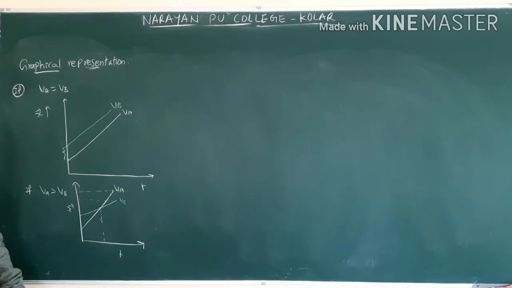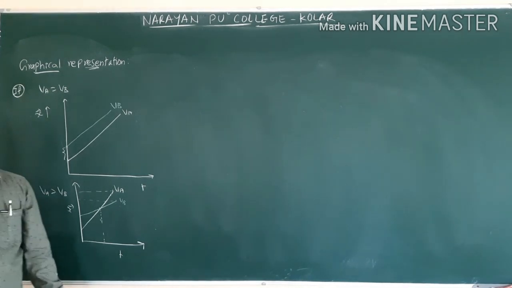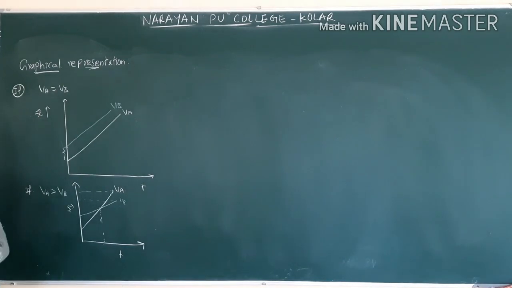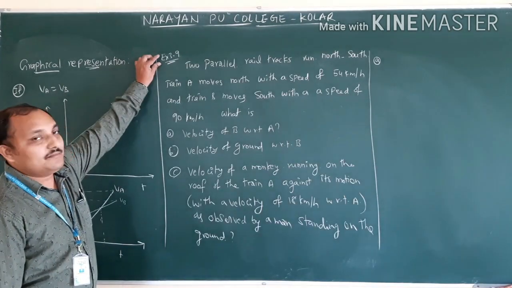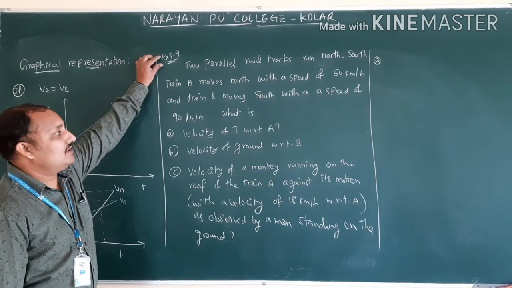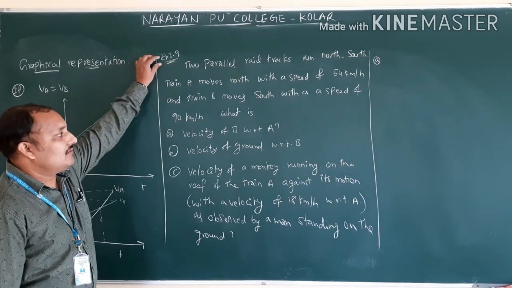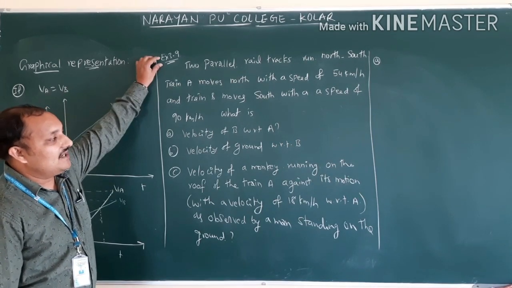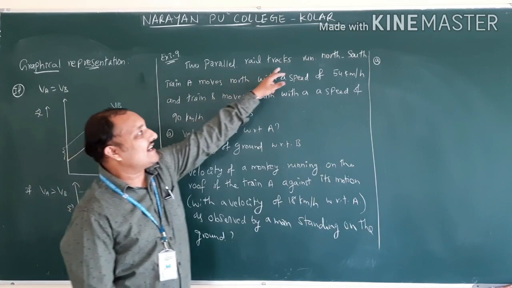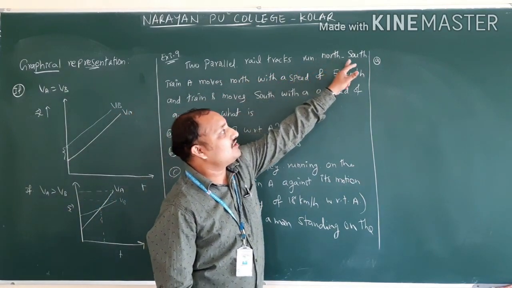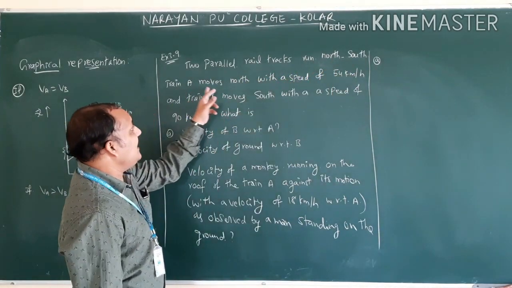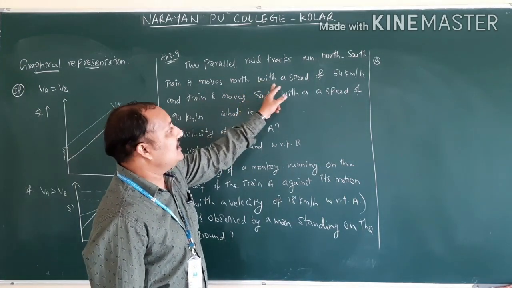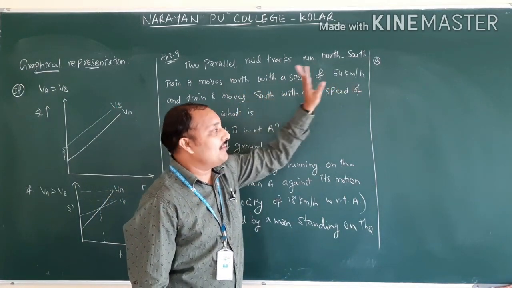Okay, now we'll see one small problem on this. See example 3.9, we are going to see on relative velocity. While studying we have to understand the problem clearly. Two parallel rail tracks run in the north to south direction. Train A moves north with a speed of 54 km per hour.